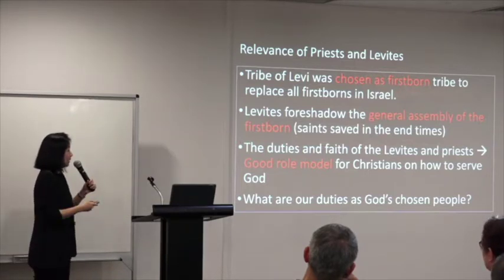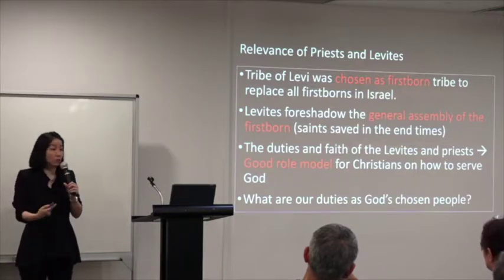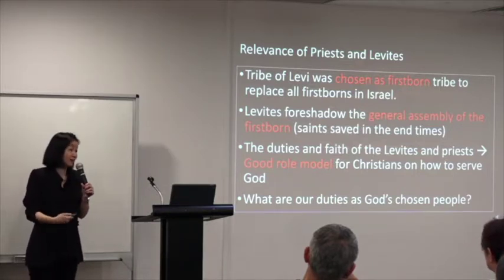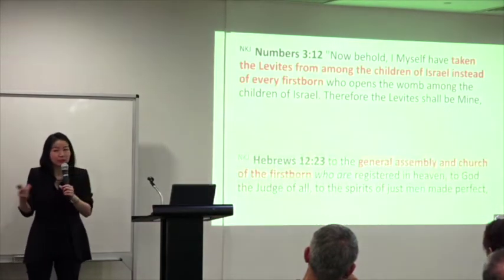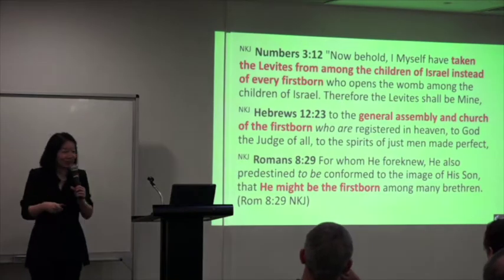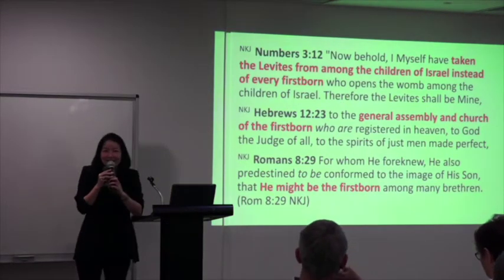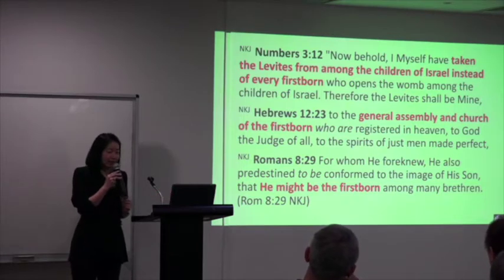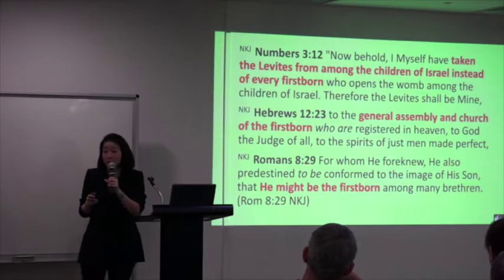So the duties of the Levites and priests are actually our role models. They are role models for us to work in this life. There is no second life in this instance right now. So Numbers chapter 3 verse 12, it says, "Now behold, I myself have taken the Levites from among the children of Israel instead of every firstborn."